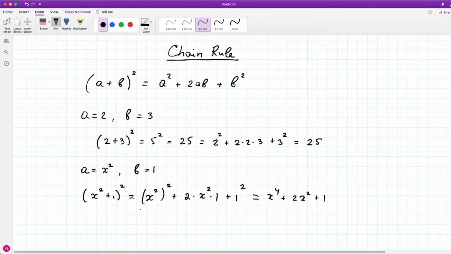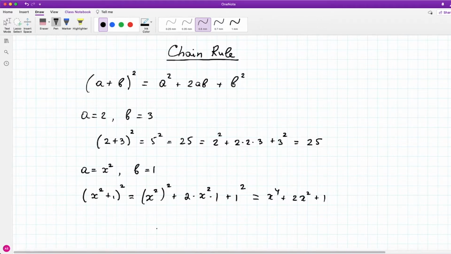And so if one, for example, needs to differentiate or integrate (x² + 1)², then one can replace that expression with an equivalent expression, x⁴ + 2x² + 1, and then differentiate or integrate term by term.